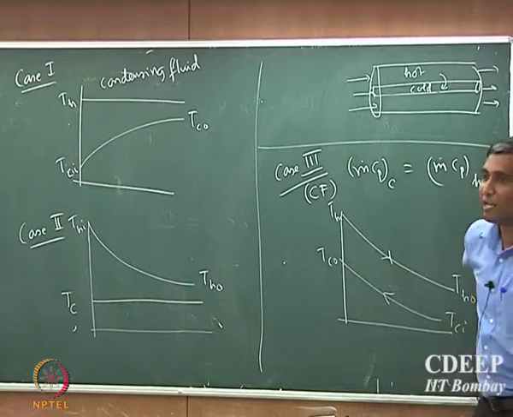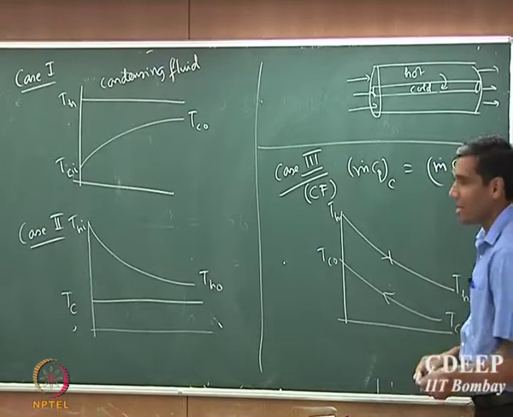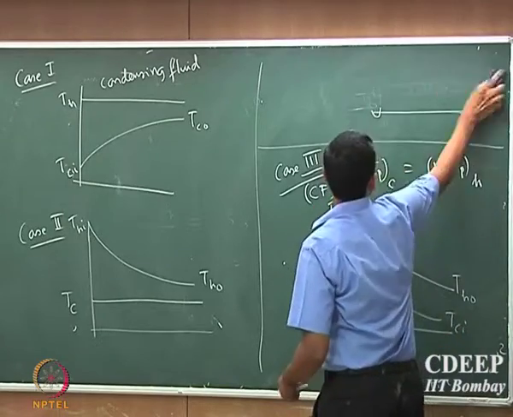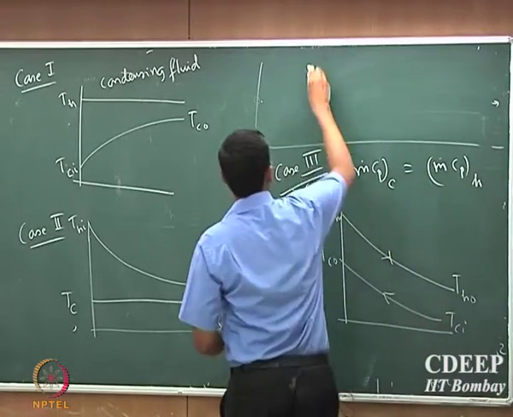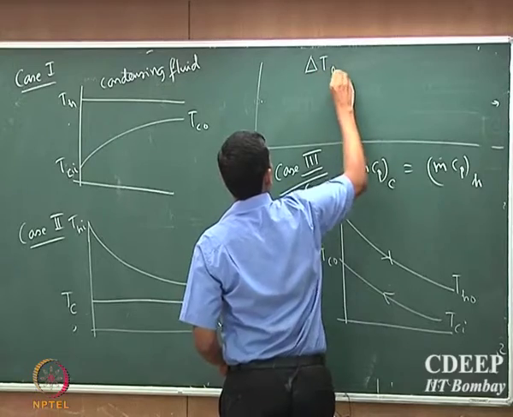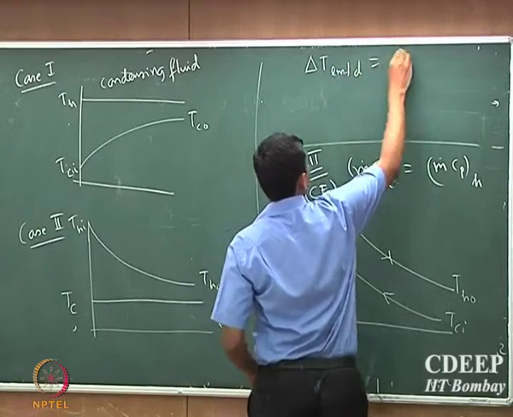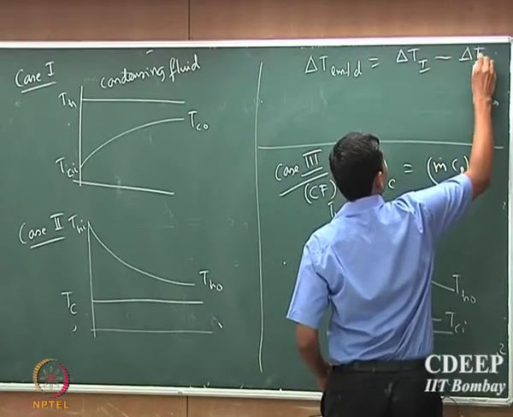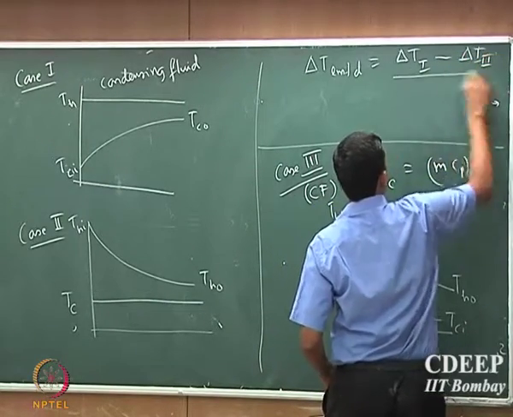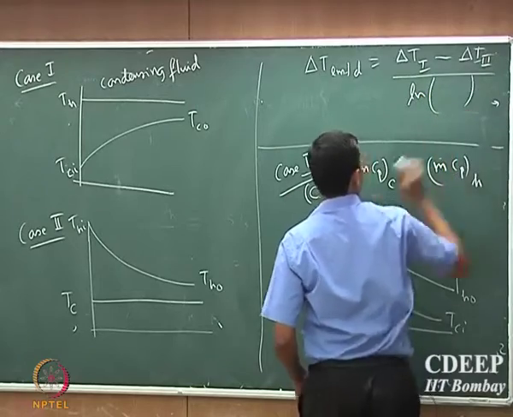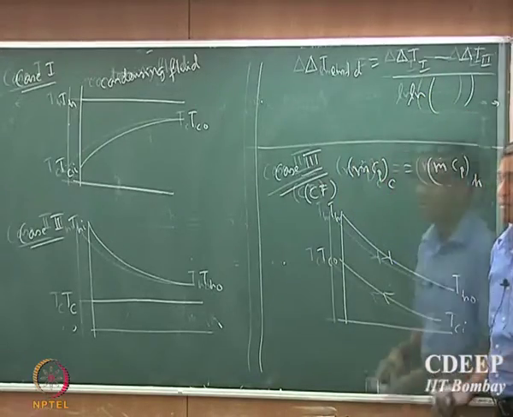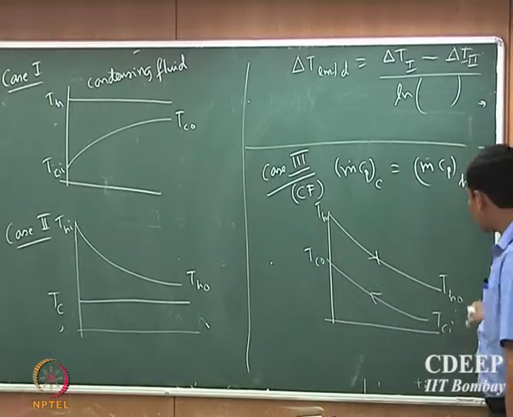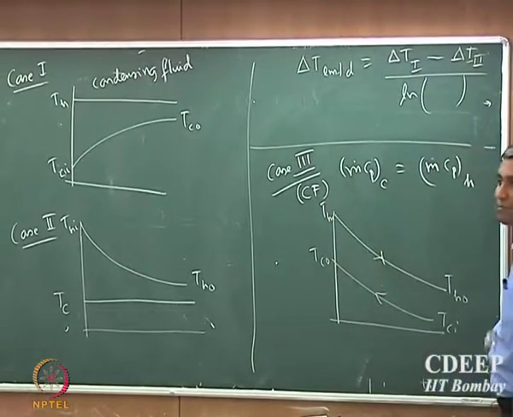What is delta T LMTD here? Remember the expression for delta T LMTD? Delta T LMTD is delta T at one location minus delta T at the second location divided by ln of the ratio. We know that expression, and we know that the temperature difference remains constant.